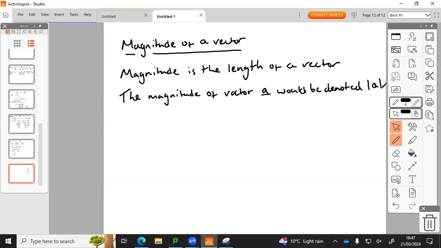The magnitude of a vector is denoted with two vertical lines with the vector letter in the middle.